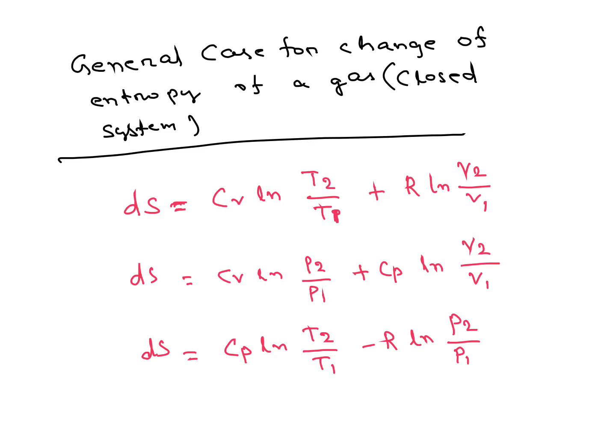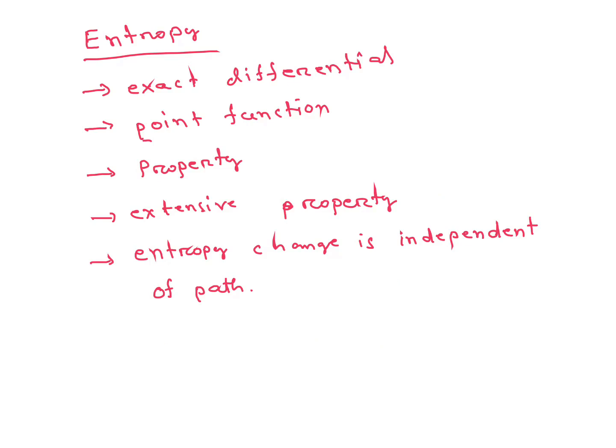Then some important points about entropy. Entropy is an exact differential. It's a point function, and entropy is a property. It's an extensive property, or depends on mass. Entropy change is independent of path.